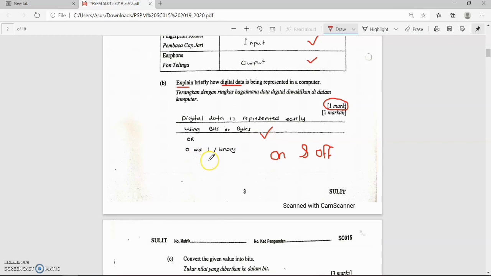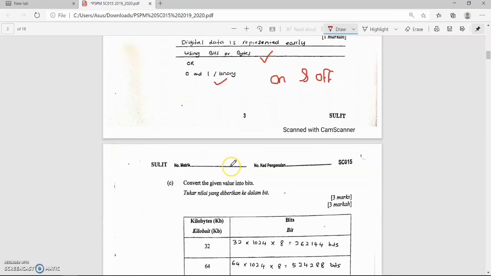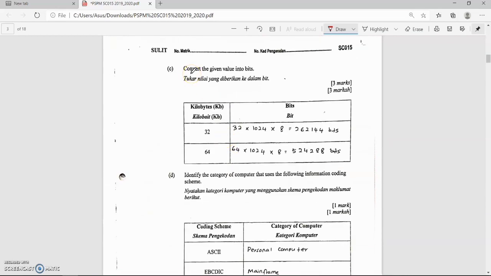Okay, this one can. Okay, see, convert the given value into bits. The keyword, value into bits. So we have 3 marks. Before that, you have to remember the steps to convert.